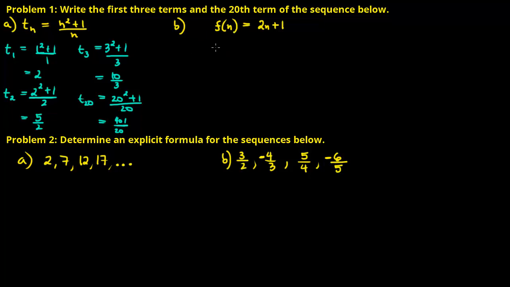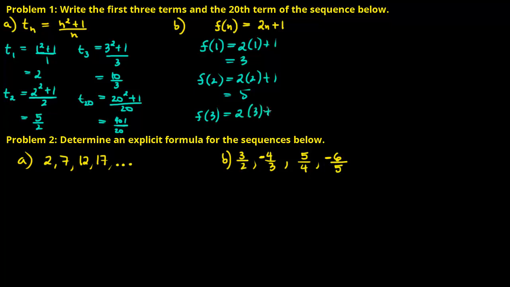So the first term would be f of 1, which is 2 times 1 plus 1, which is 3. f of 2 is equal to 2 times 2 plus 1, which is 5. f of 3 would be equal to 2 times 3 plus 1, which is 7.